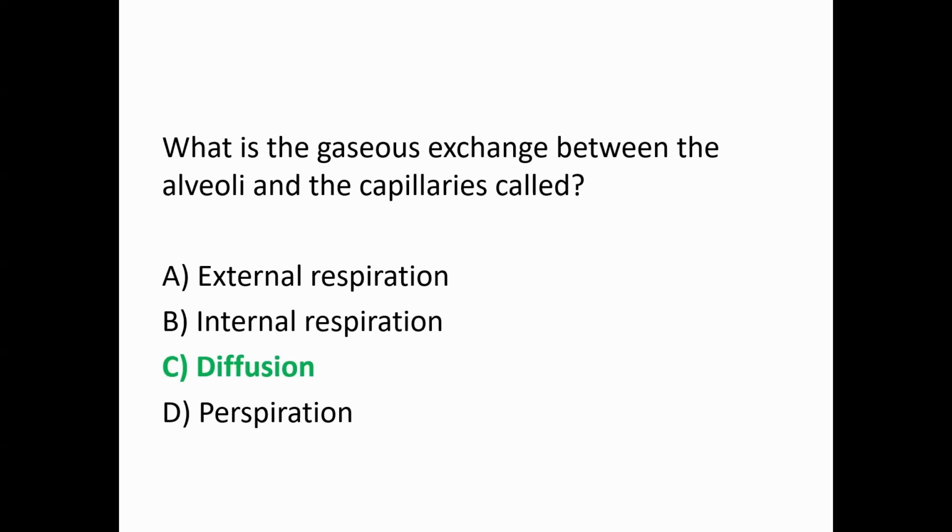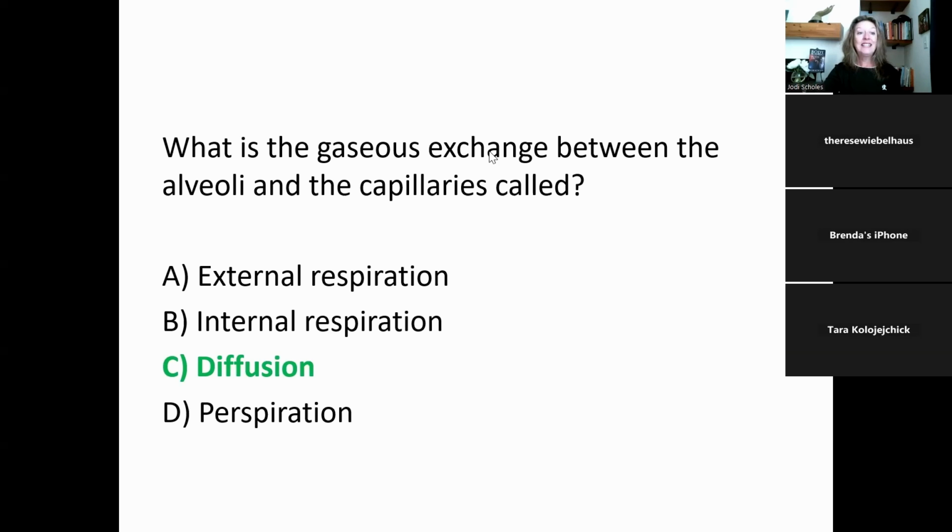It is external respiration. It is internal respiration. But the specific question is, what is the gaseous exchange? So where that CO2 and O2 switch is between the alveoli and the capillaries.